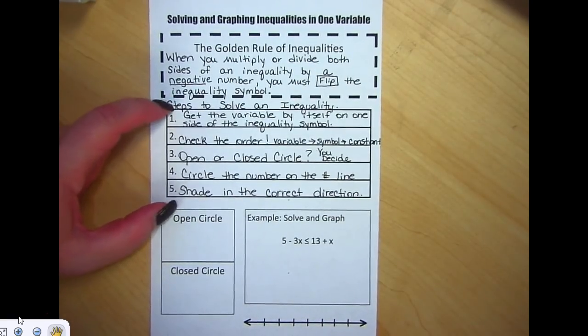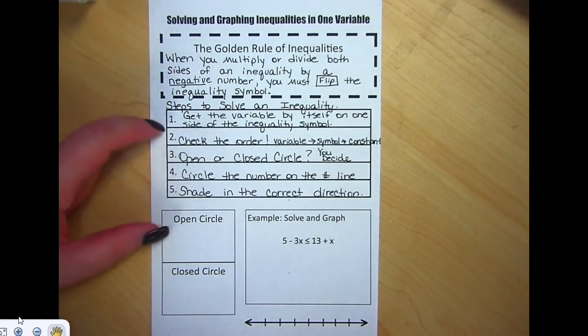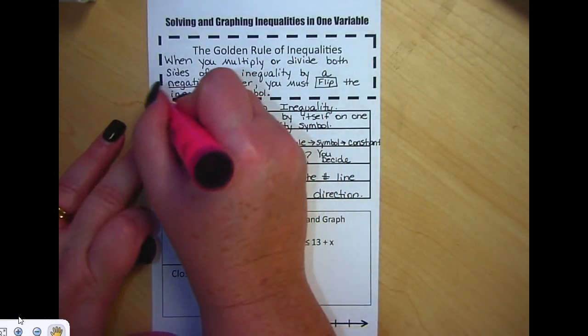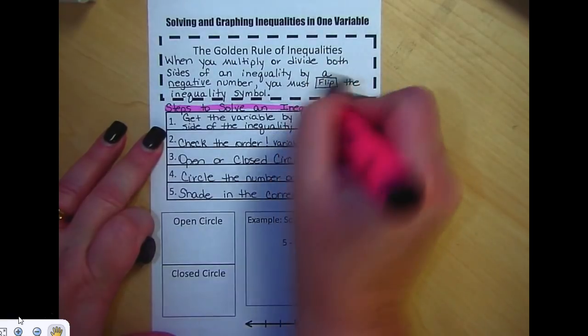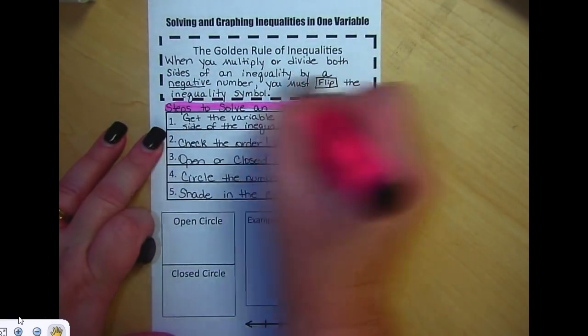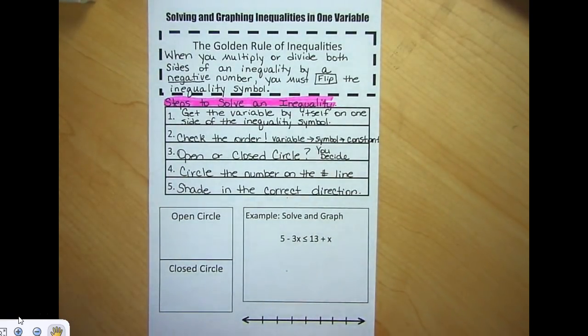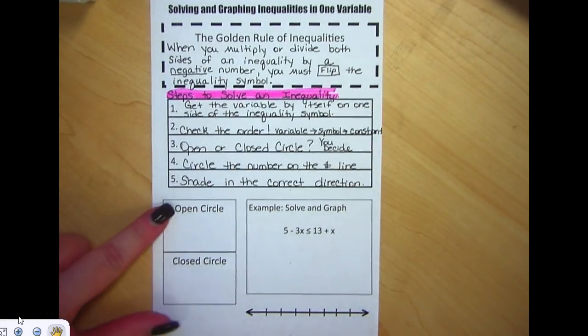These are your steps when you're solving. If you forget what to do, this is where you want to go back to, these steps. So let's highlight that right there, steps. So when are we going to have an open circle?